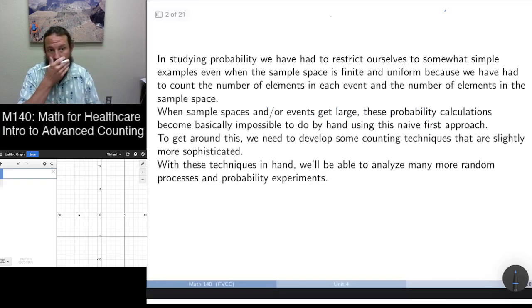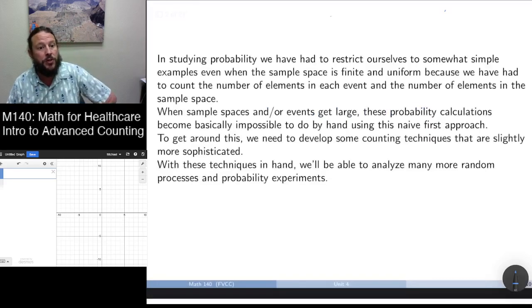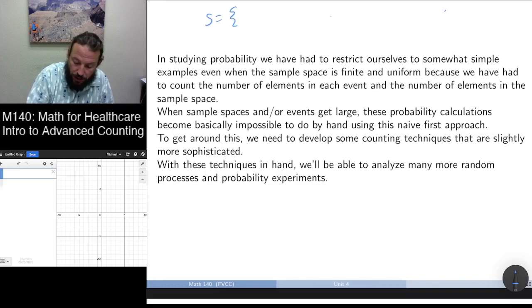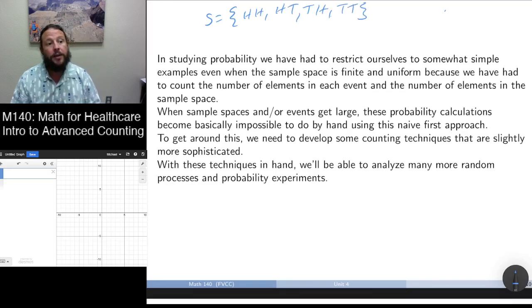Well, recall in our previous module, we had to restrict ourselves to a finite and uniform sample space. For instance, when we're tossing two coins, our sample space is heads-heads, heads-tails, tails-heads, tails-tails. Why?